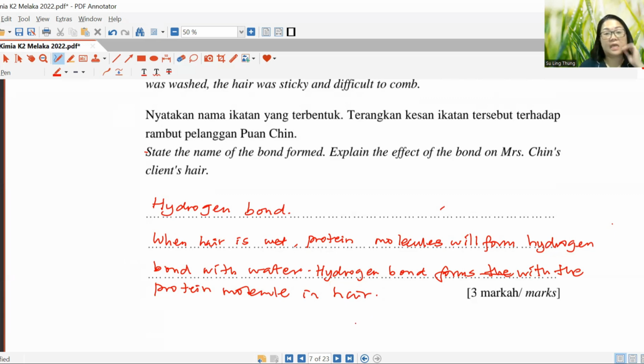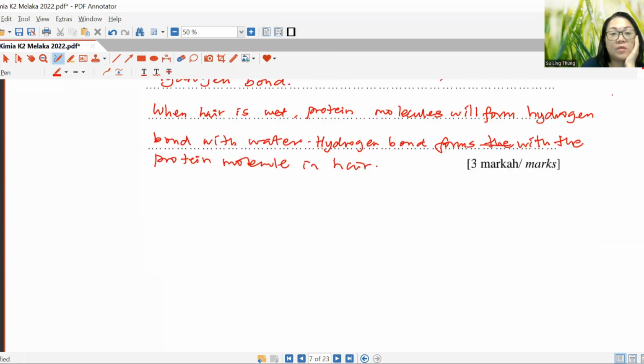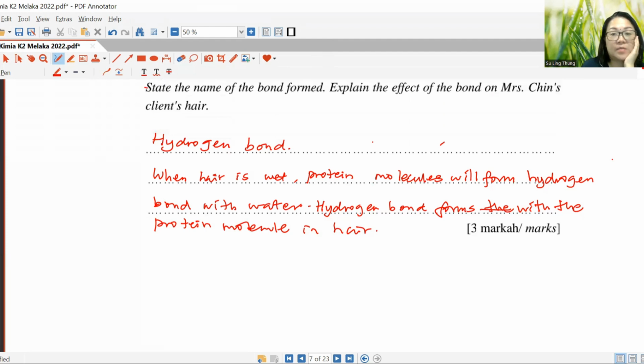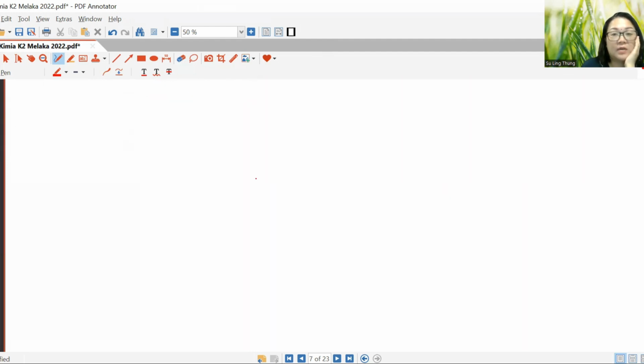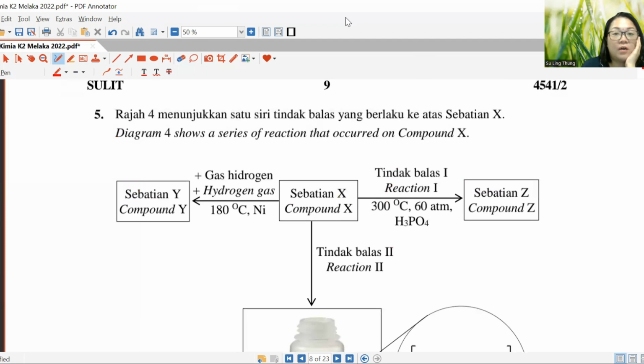So that's how hydrogen bond is actually formed. That is why when your hair is wet, it sticks to each other. Okay, so that is for question 4.